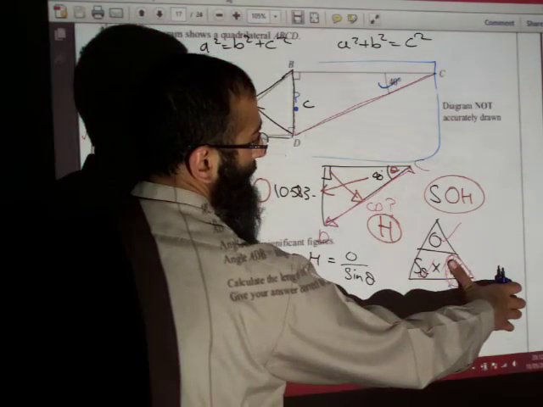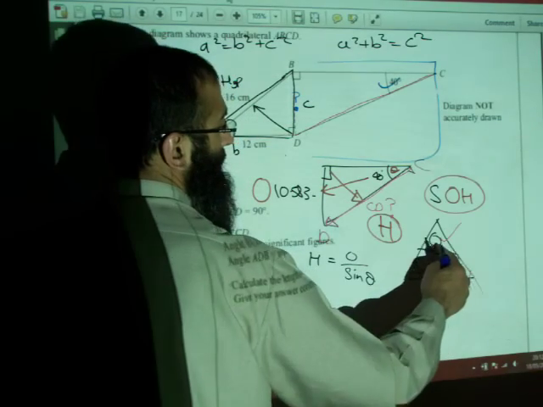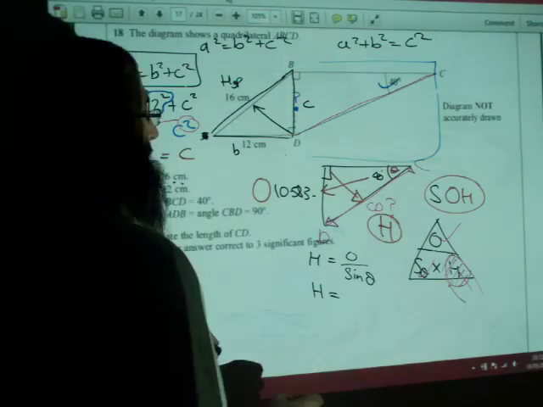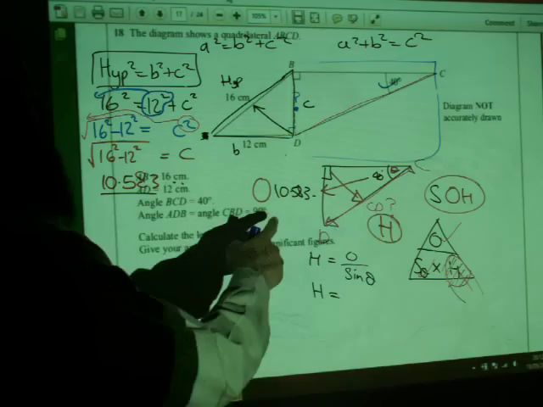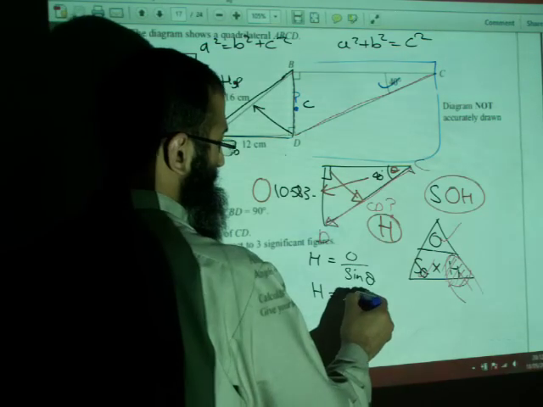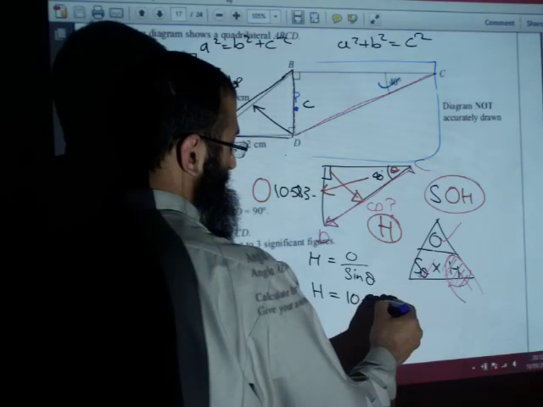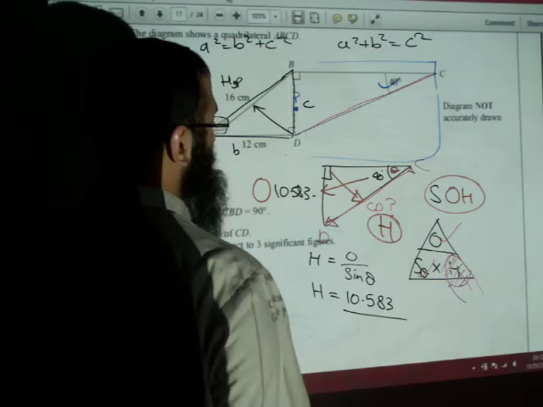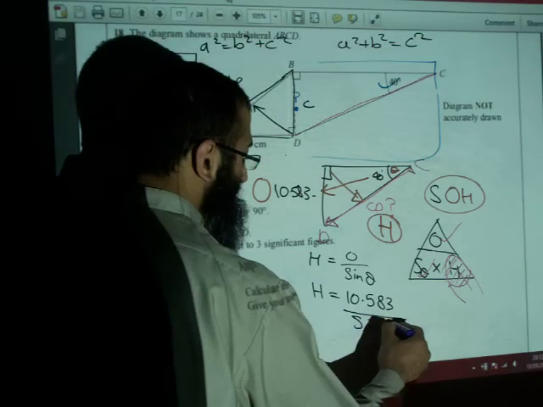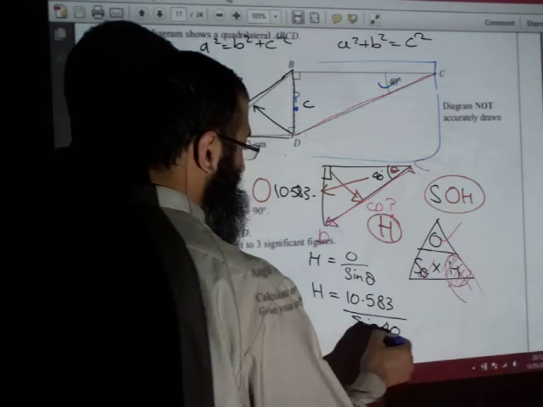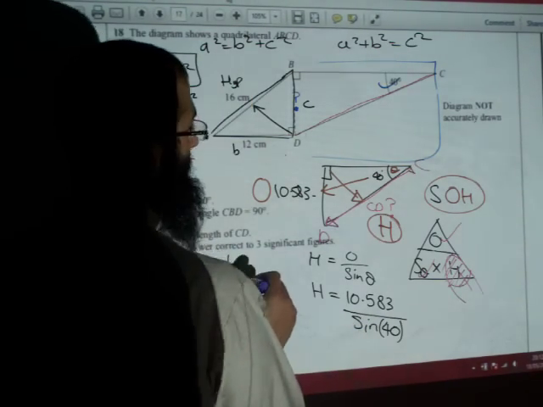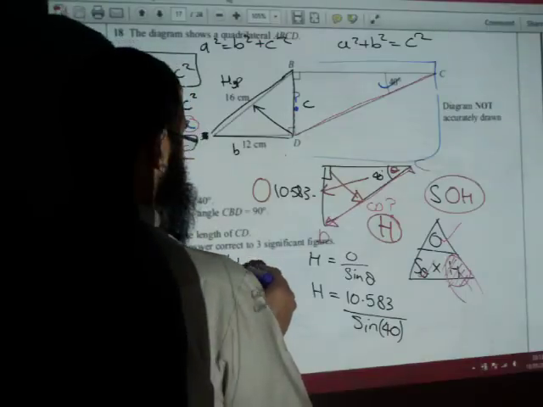Hypotenuse equals O divided by S, the angle. So the opposite is equal to 10 point something, and then we have to divide by the sine of 40. That gives you the H, which is equal to CD.